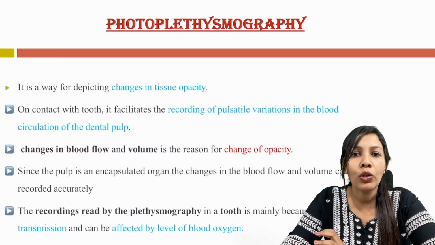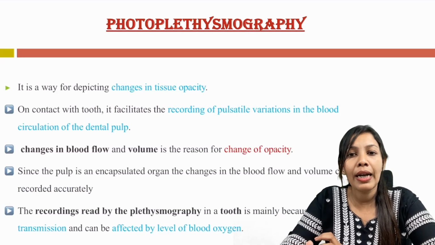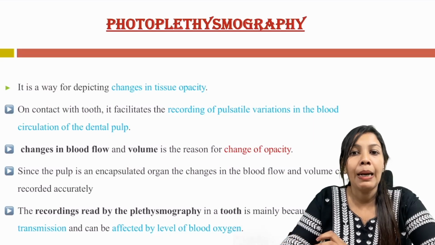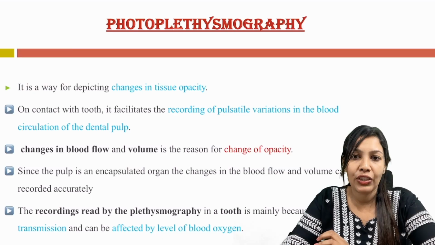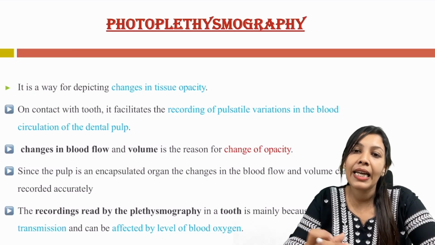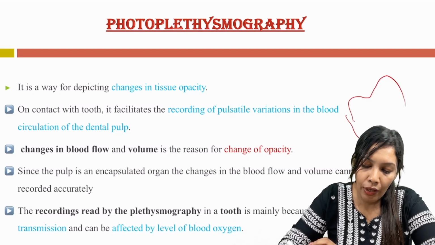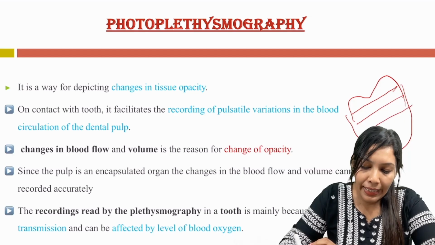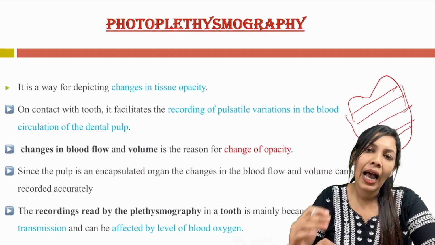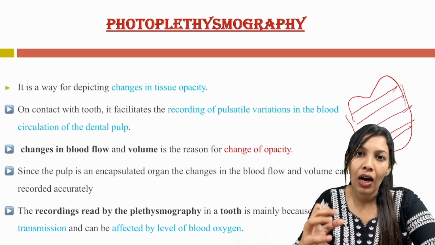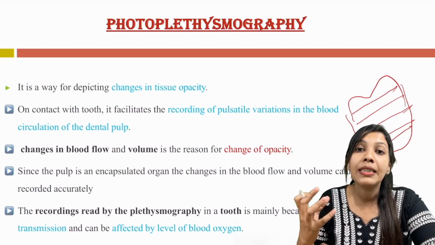Next is photoplethysmography. That is recording the pulsatile variation in the blood circulation. When there is change in the blood flow and volume, because the tooth consists of enamel and dentine, as the blood supply decreases in our tooth, the tooth opacity also changes.